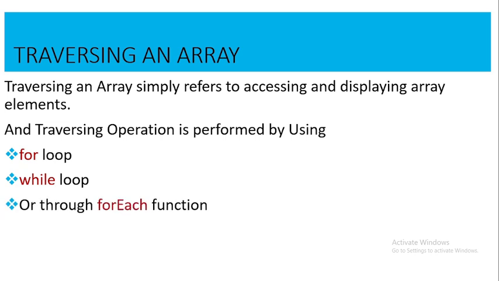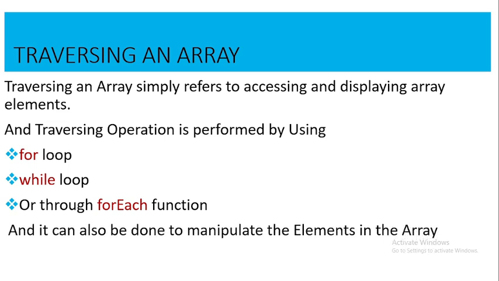The last method, from JavaScript, is the forEach function, also called the forEach method. Essentially, forEach, as a method and as a function, traverses an array, going through the members of the array one after the other.